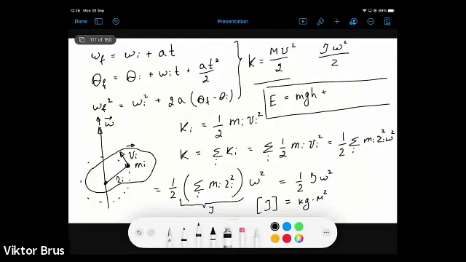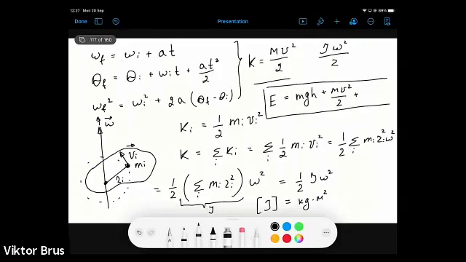Then if this body performs some translational motion, we need to add the kinetic energy associated with translational motion, which will be m times v squared divided by 2.